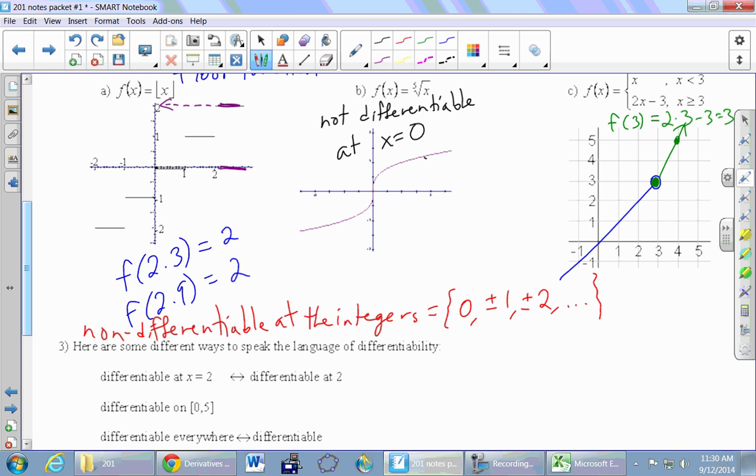At x equals 3. And what's the problem at that one point? It's a corner. Sometimes corners are more subtle than others, but there is definitely a change in slope at that point. Non-differentiable at x equals 3. Everywhere else it's fine.